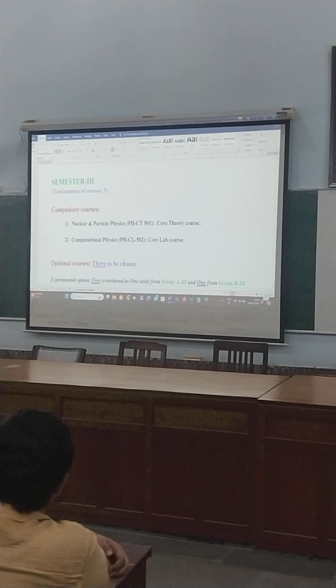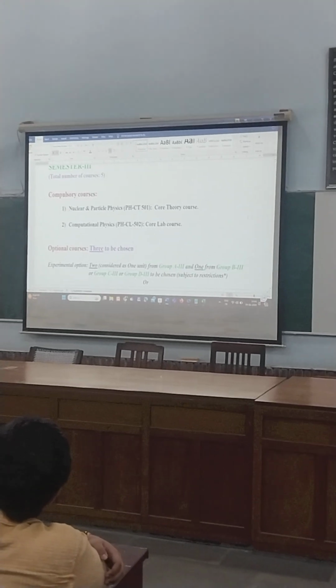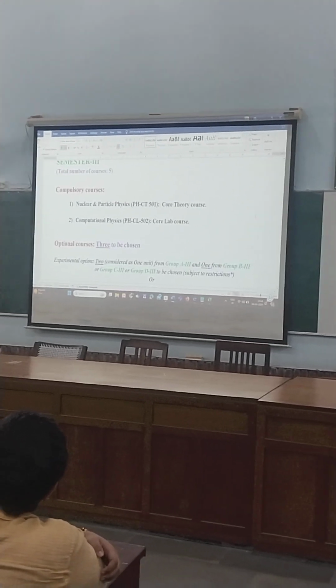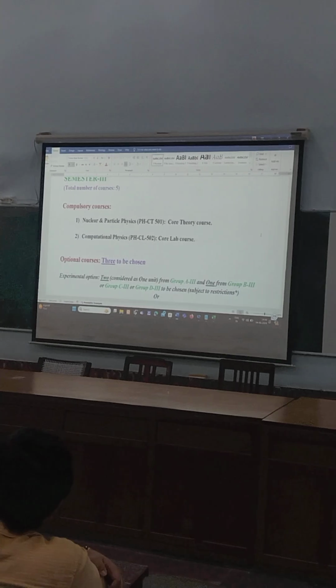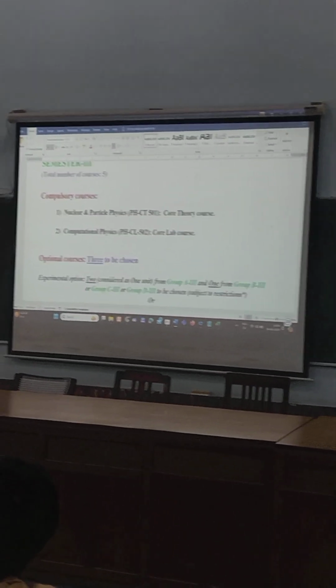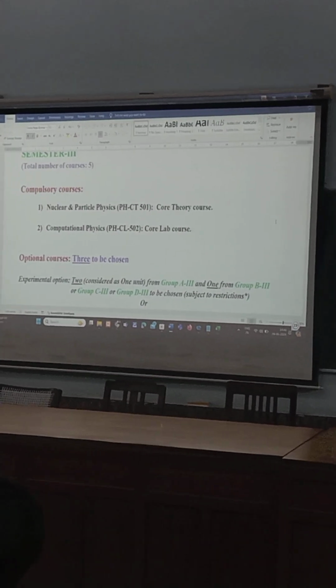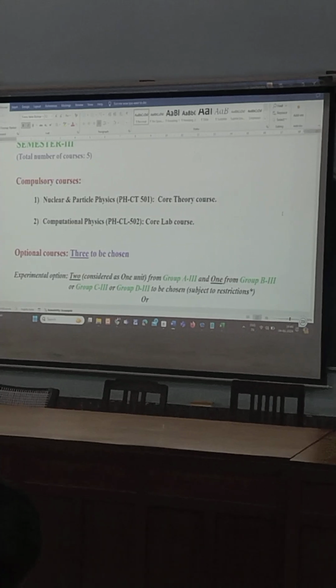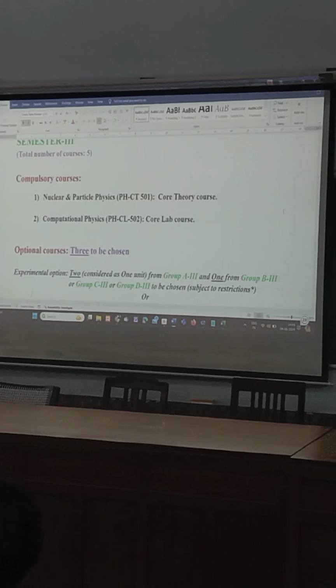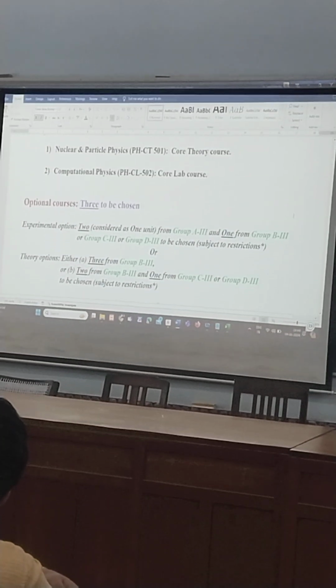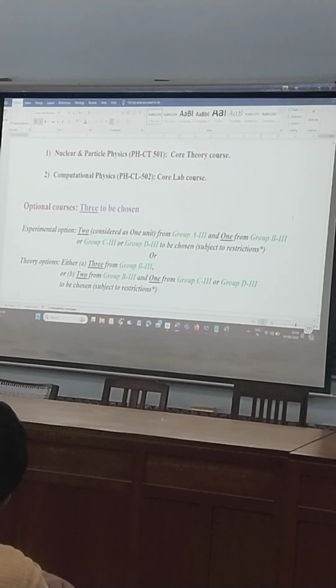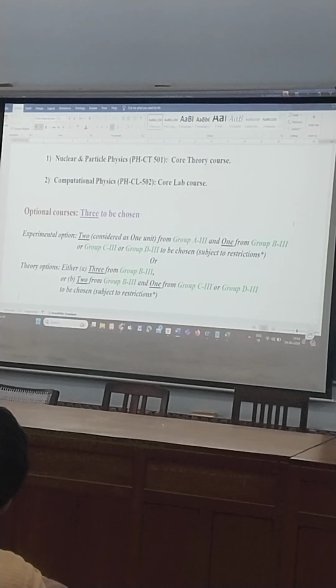Here 2 papers are compulsory in your 3rd semester. One is nuclear and particle physics, a core paper, and the other is computational physics, a lab paper. These 2 are compulsory, and after that you are allowed to take 3 papers either from theoretical papers or from the experiment plus theory papers.